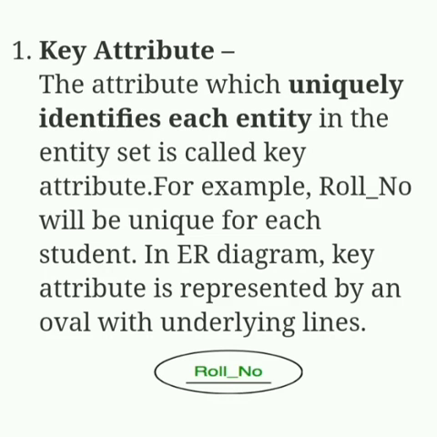For example, roll number will be unique for each student. In ER diagram, key attribute is represented by an oval with underlying lines. Here the key attribute is a single attribute that will identify the particular student among the common ones.